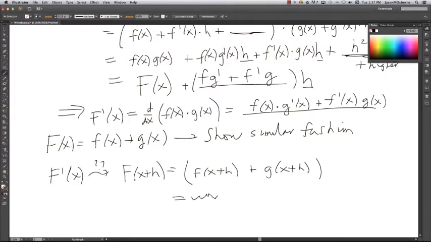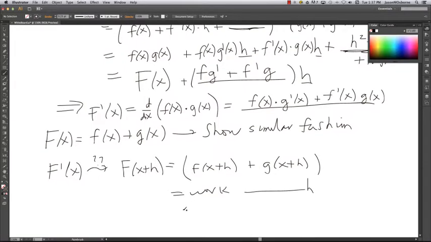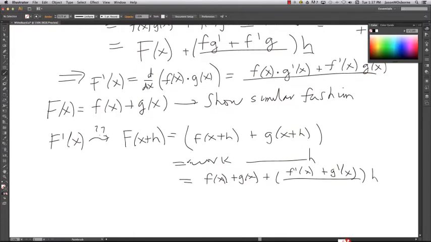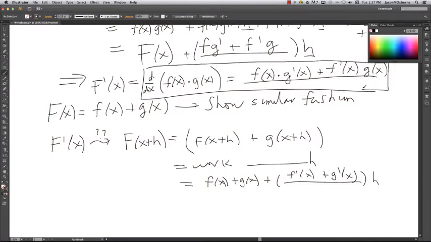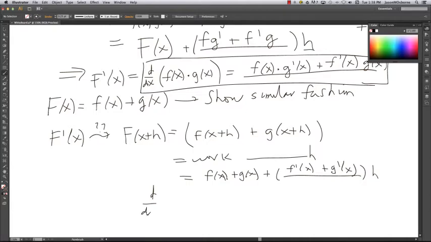If you work it out and find the term in front of the h, it will simply be f prime of x plus g prime of x, which will show, in a similar fashion to the product rule, that the derivative of your sum, f of x plus g of x, is just to find the two derivatives separately and then add them together. And that is the end of this video.